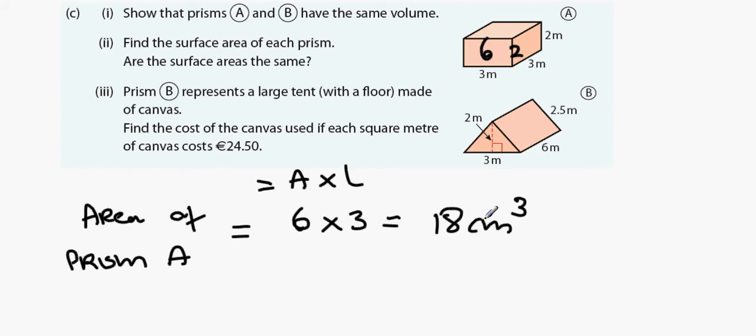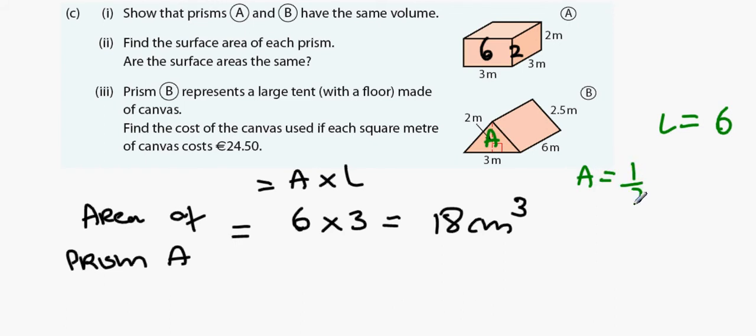Okay. Now for B, it's a triangular face. Okay. So the length is going to be for B. The length is going to be 6. So length equals 6, and the area of the face is going to be a half base by height, which is going to be a half.